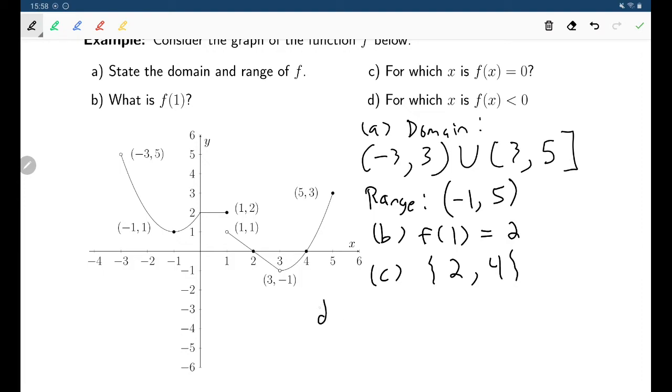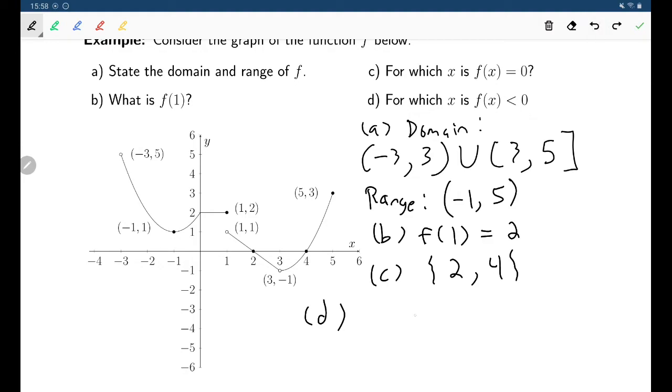And then finally for D, for which values of x is f of x less than 0? Where are the y values less than 0? Well, it's all of these y values between x being 2 and x being 4, but we'll have to be a little bit careful. Number 1, we want it to be less than, not less than or equals to.